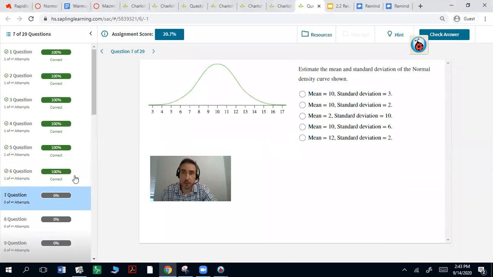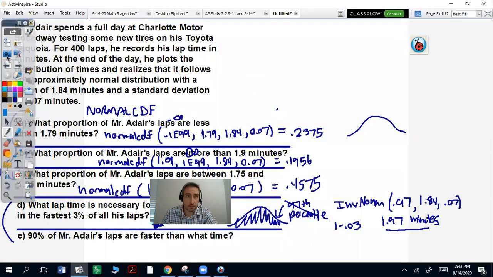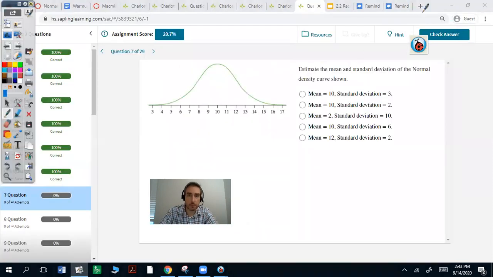All right, mean and standard deviation of the normal density curve. Ooh, this one's a little tougher because it's not scaled, but you know the mean's going to be 10. Now we got 3 options for standard deviation. Standard deviation of 6. Let me annotate over this a little bit so it makes more sense. Standard deviation of 6. 1, 2, 3, 4, 5, 6. No way.